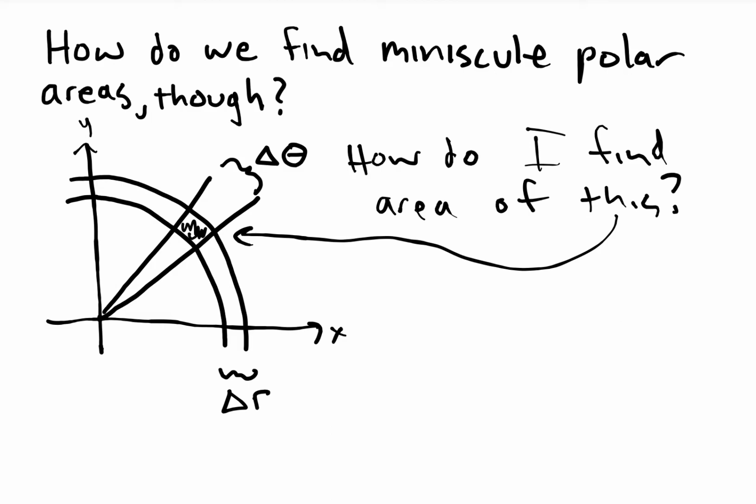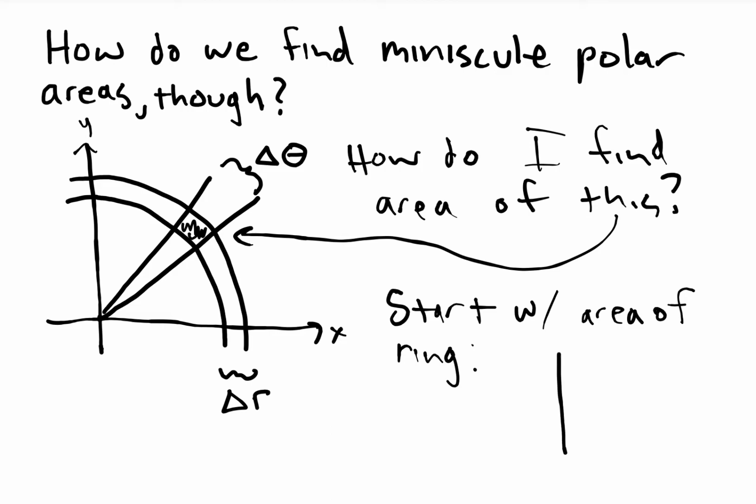I'm going to start off not just with the little box itself, but with the area of my ring, because that's probably going to be a little bit more approachable than the current problem.